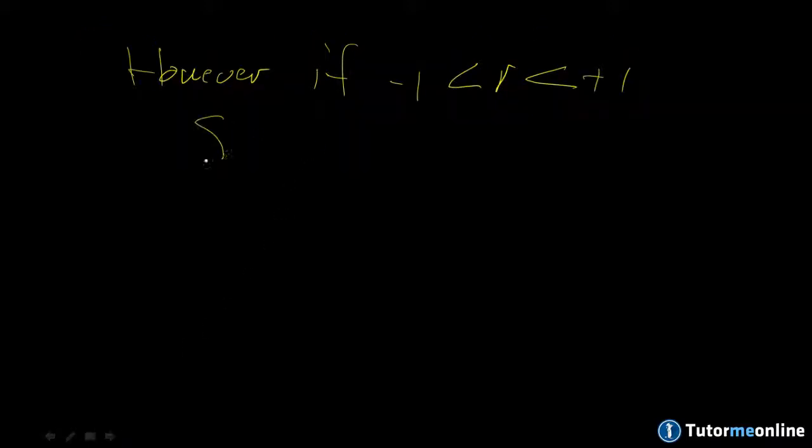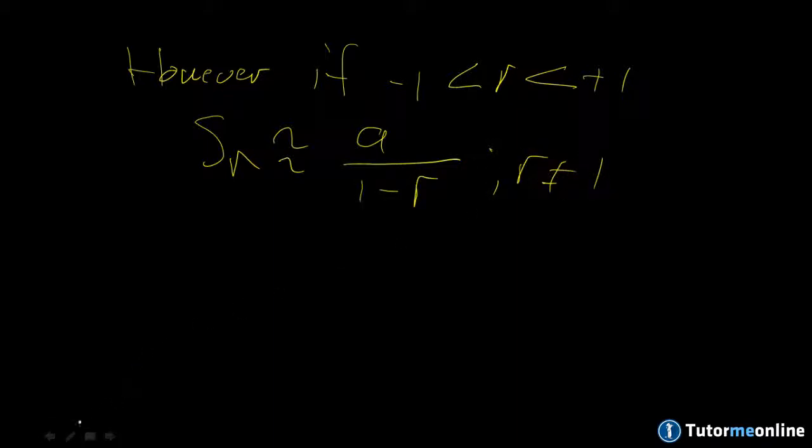We can approximate the geometric series by writing A divided by 1 minus R, where R is not allowed to be equal to 1. We can do this because as n tends to infinity, Sn can be approximated by A divided by 1 minus R.